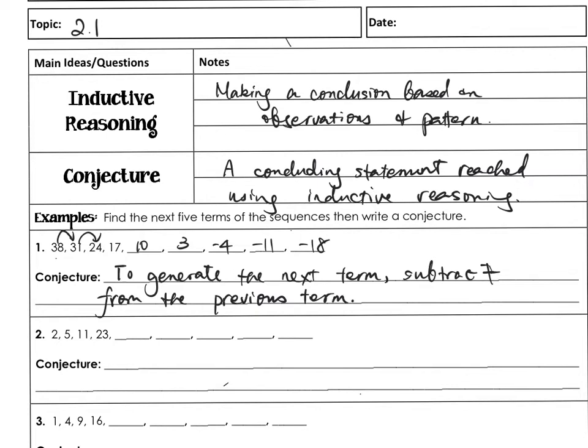That is my conjecture. I observed the pattern that was given, I filled in the next 5 terms, and then I drew a concluding statement, which is called a conjecture.